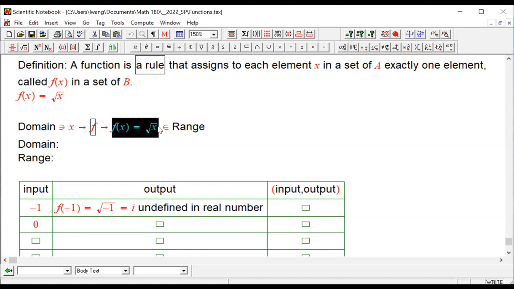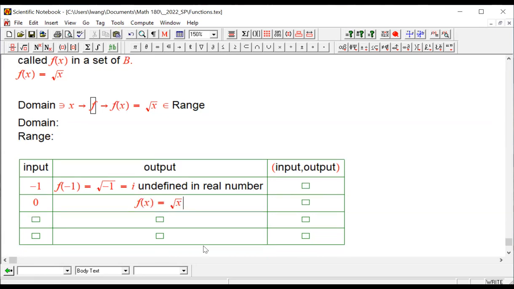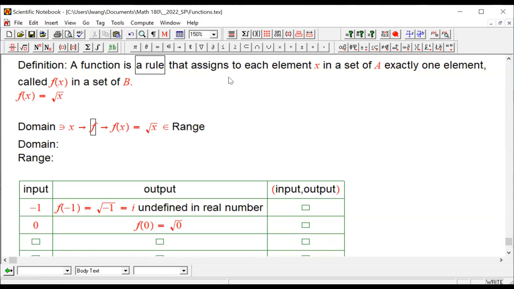Well, let's check what value can be assigned for 0. When the input is 0, do we have exactly one output? It does, 0. So now we got a point.